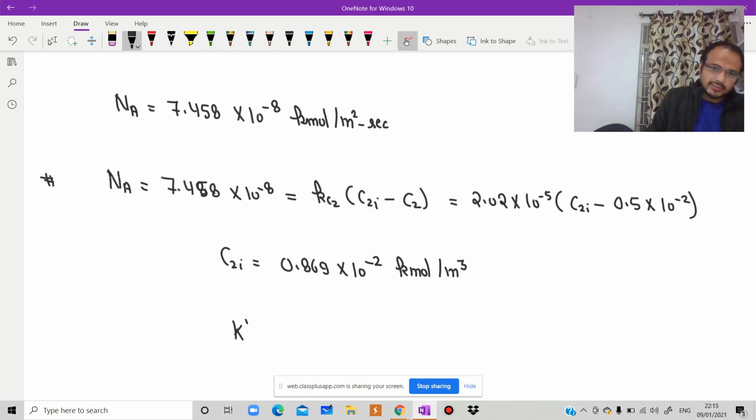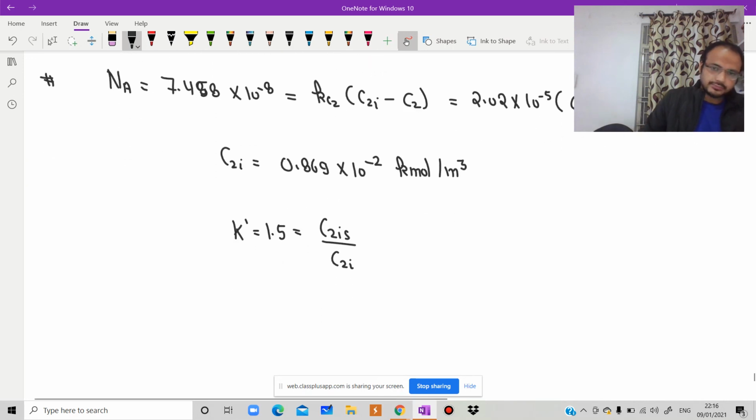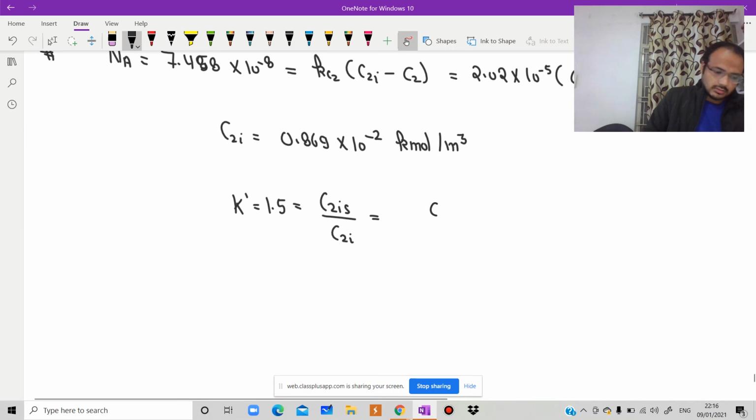And the value of K prime is given, that is 1.5, equal to C2IS divided by C2I, which is C2IS divided by 0.869 into 10 to the power minus 2.